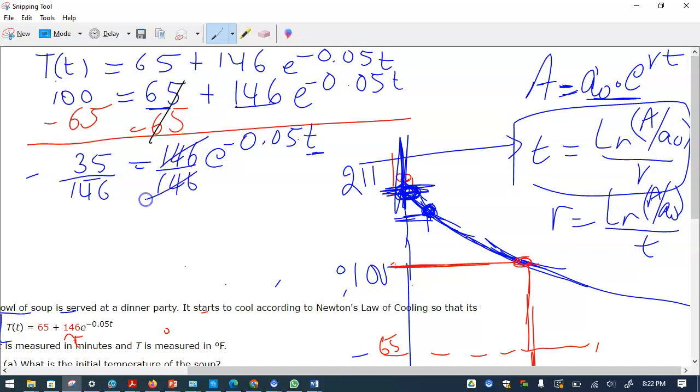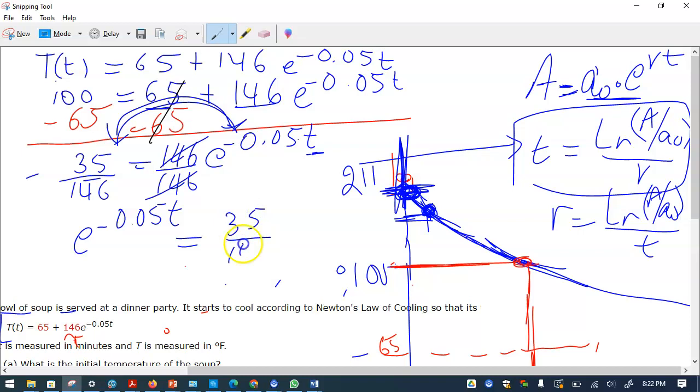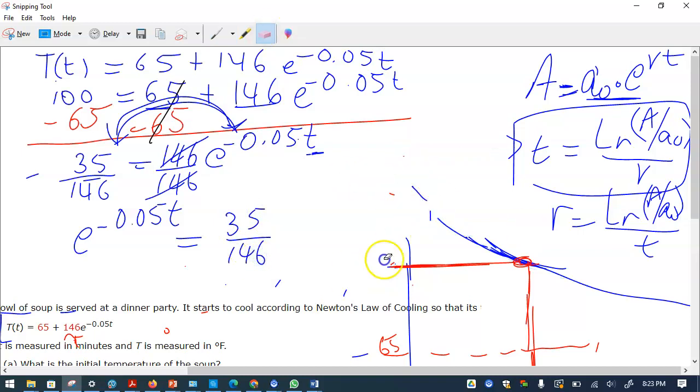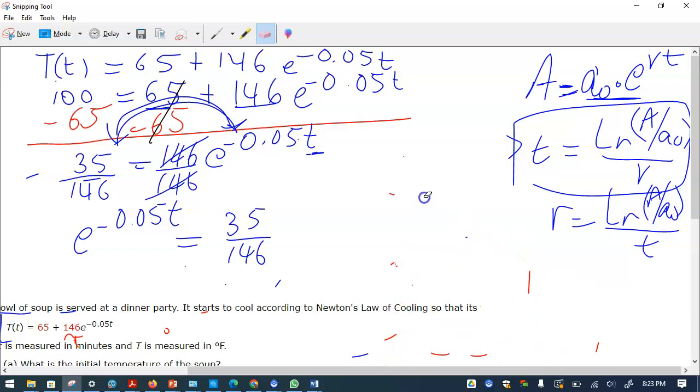So this 146 goes away, and then you get, I'm gonna swap this. So I'm gonna write e on the left side, e raised to minus 0.05 t equals, keep 35 the quotient as it is, and then change this to logarithmic form. So how do we change from exponential to the logarithmic form?